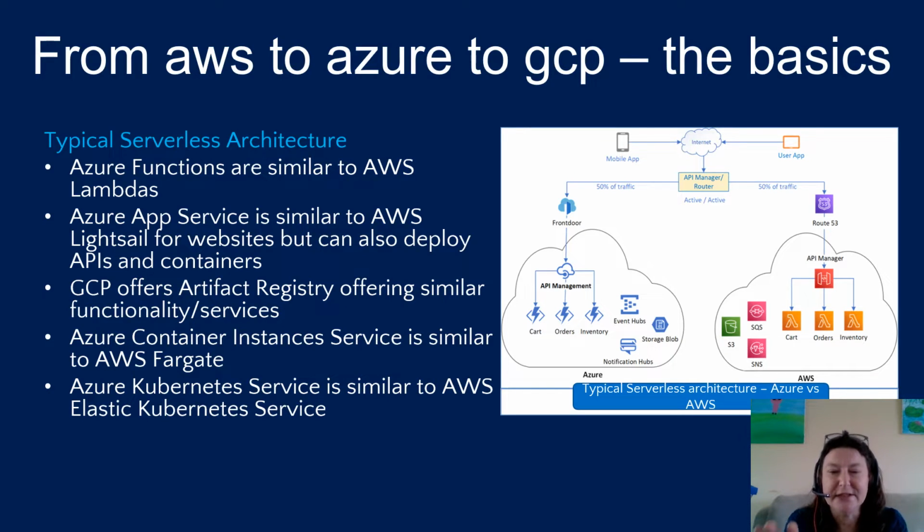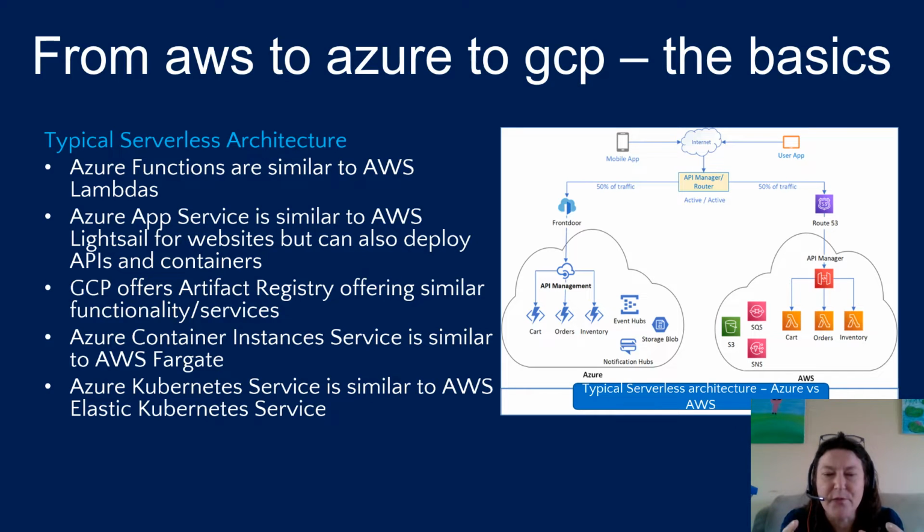So this is typically how it might be set up. You might have at the front the Front Door, which basically is kind of the routing for accessing your system, and Route 53 in AWS is similar to Front Door in that respect, giving access to your APIs in this case, and your functions.